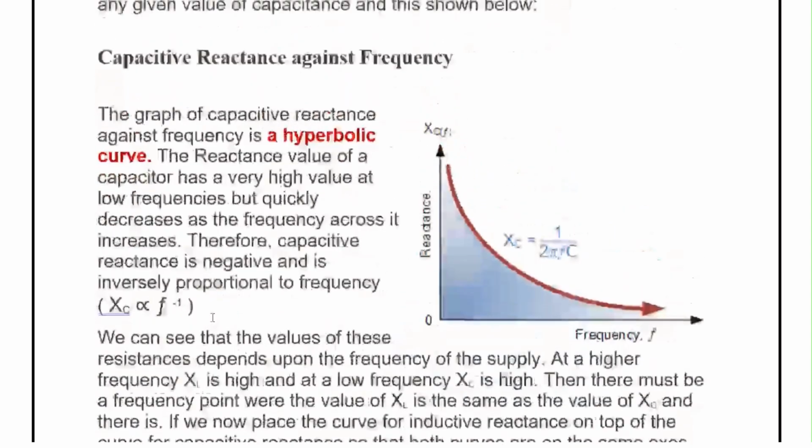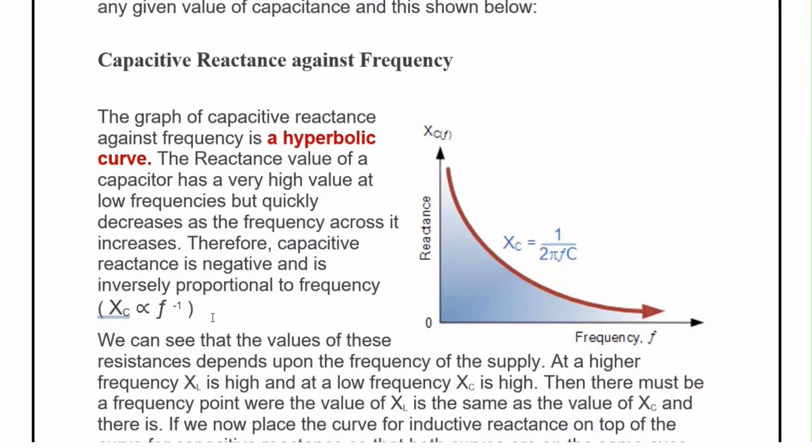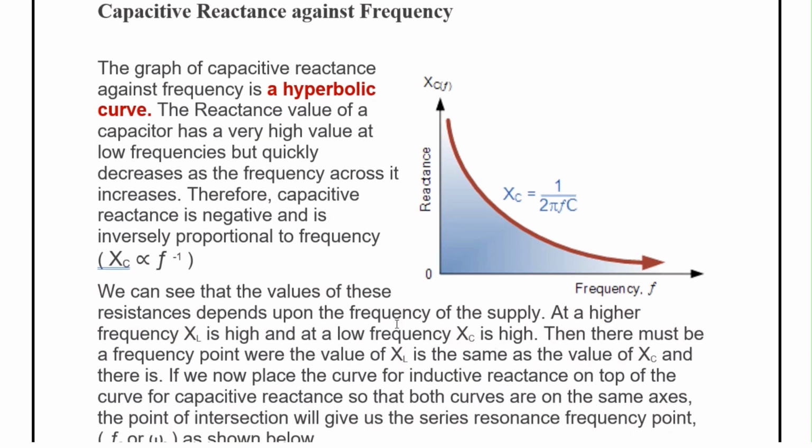We have to see now what happens in the case of capacitive reactance. Now we know capacitive reactance XC is equal to 1 by 2 pi FC. So XC is inversely proportional to the frequency. And that is why this plot between reactance and frequency is hyperbolic in nature, because it's inversely proportional to the frequency.